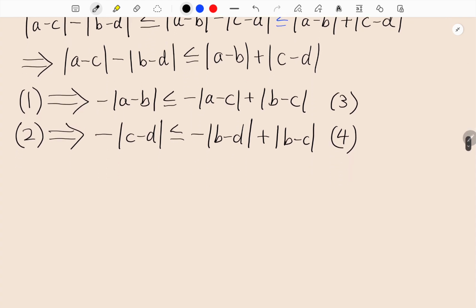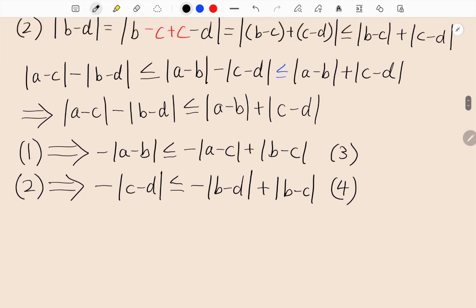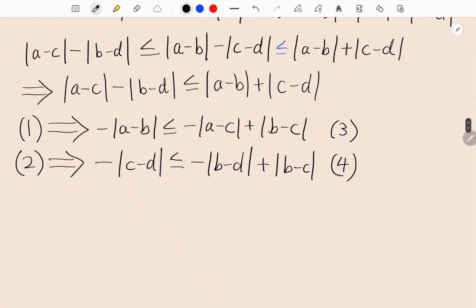So if I take these inequations and do inequation 4 minus inequation 3, let's see what we get. We take this and subtract this. So this will be negative absolute value of c minus d, and when I subtract the negative, it becomes positive absolute value of a minus b. And this is less than or equal to the difference of the bigger guys.